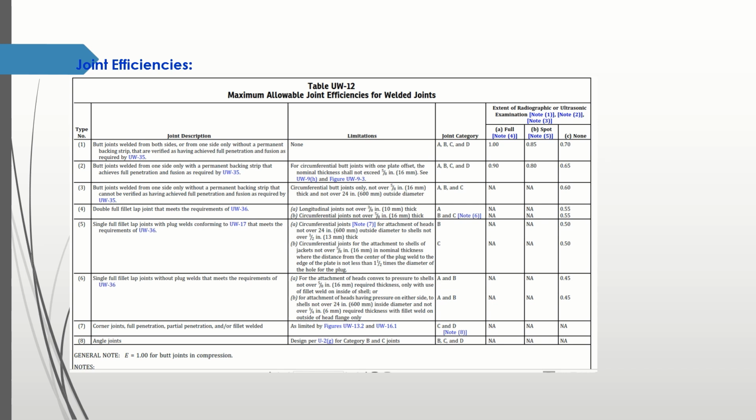Type 2 is where the welding is done only from one side, in which case full penetration is not achieved 100%. In such a case, the joint efficiencies to consider are less: for full radiography 0.9, for spot radiography 0.8, and for no radiography 0.65.